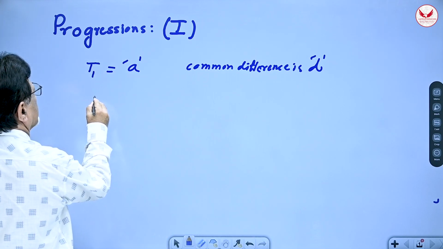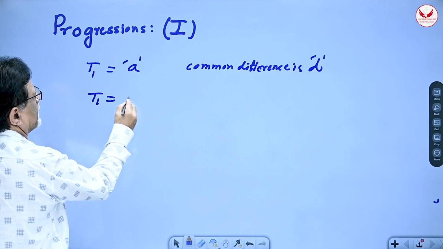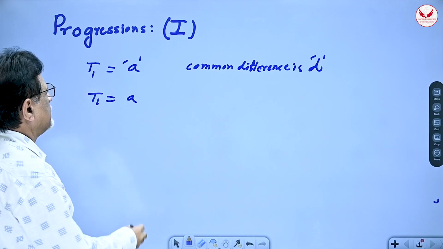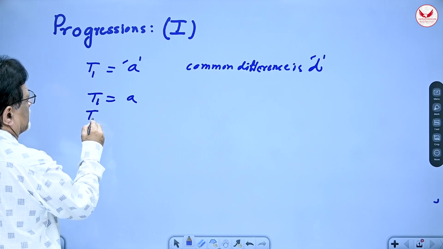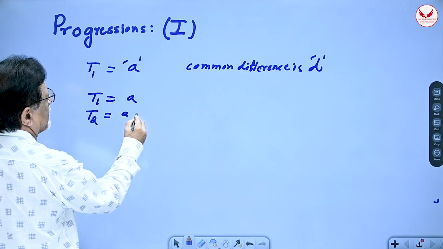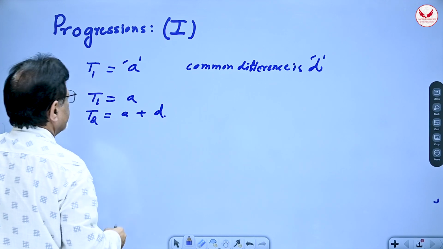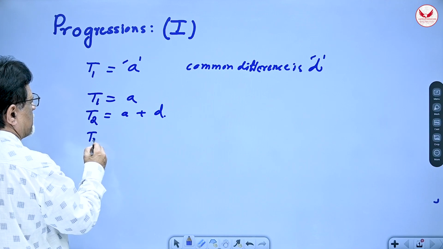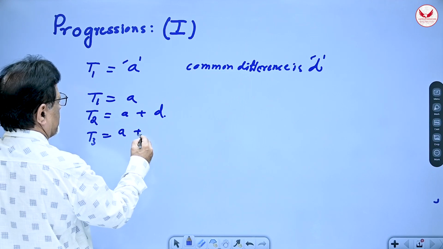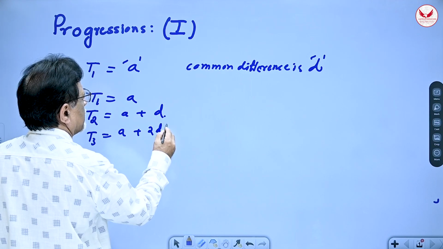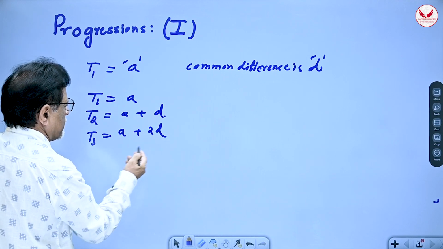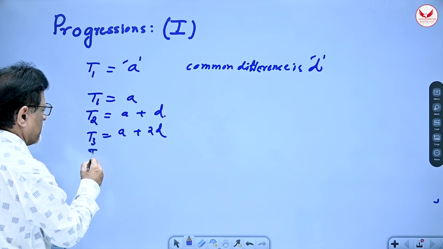So what will be T1 then? T1 will be A, it is given, right? Then what will be the next number? T2 will be A plus D, correct? T3 will be what? A plus 2D, because we just add D to the previous term.